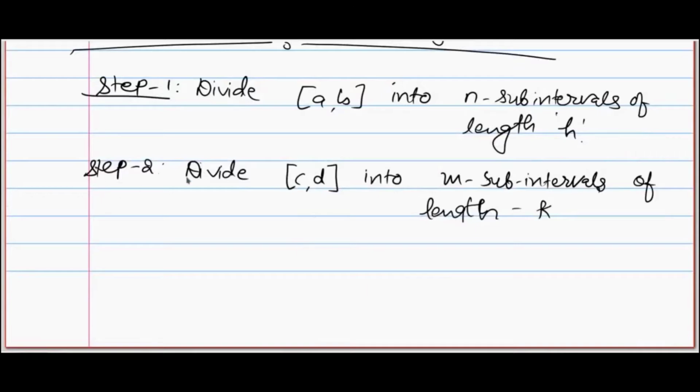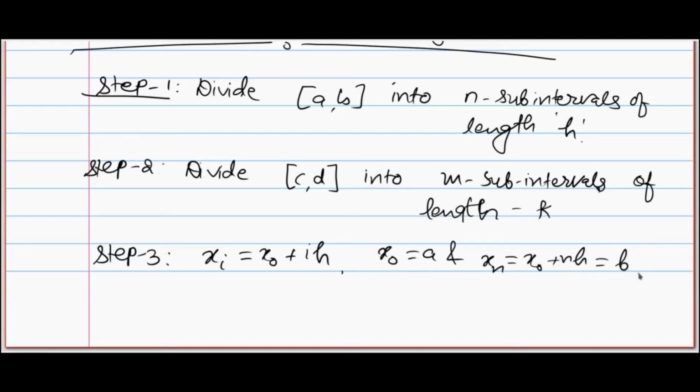For step number 3, we will use steps 1 and 2 in this way. We write x i equal to x naught plus i h, where x naught is equal to a, and x n is equal to x naught plus n h, that is b.